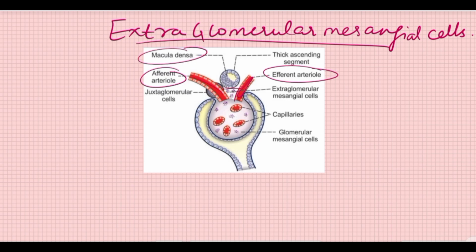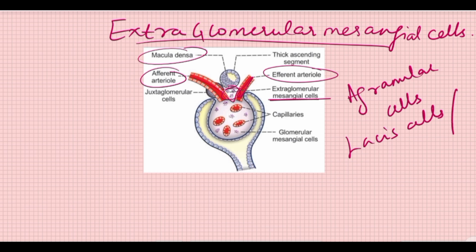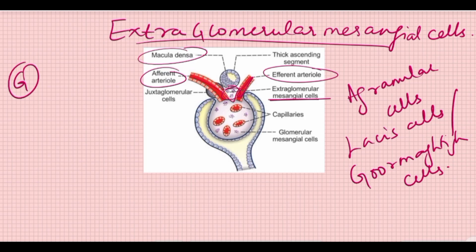It is also called agranular cells, lattice cells, or Goormaghtigh cells.